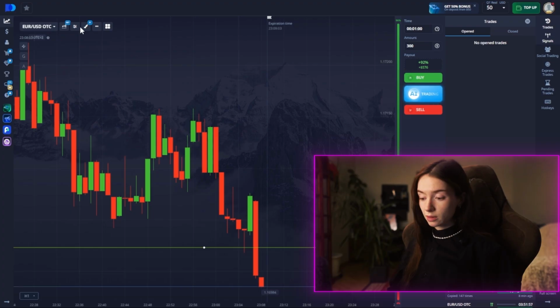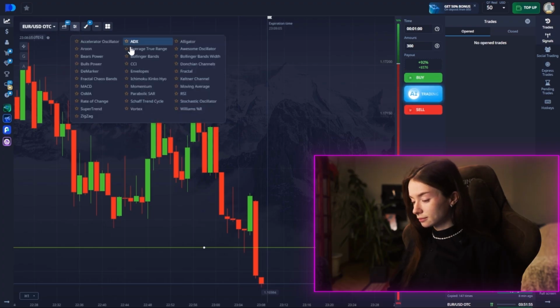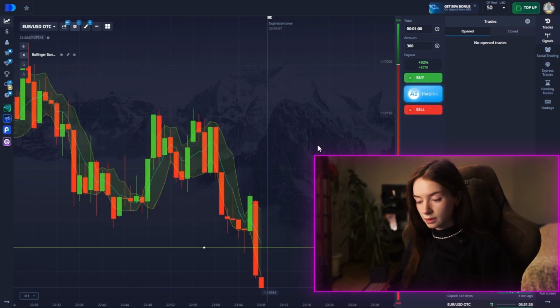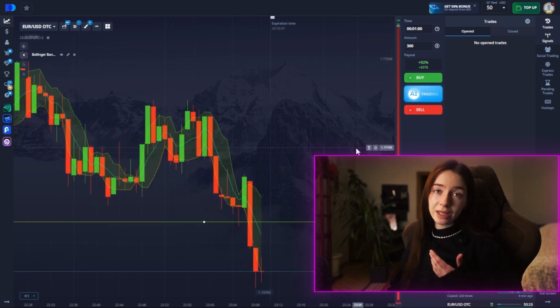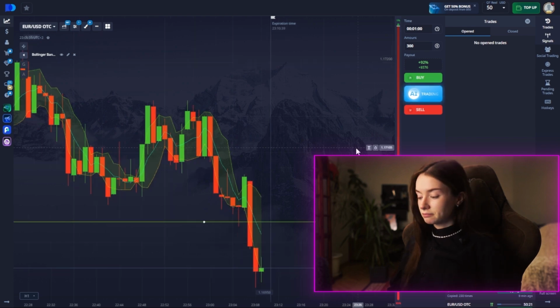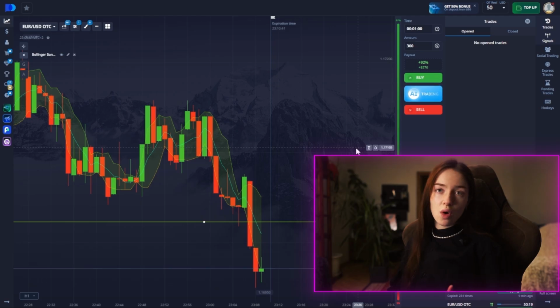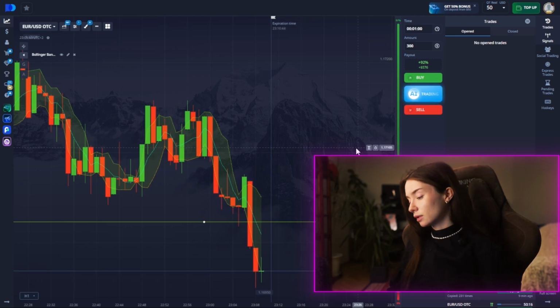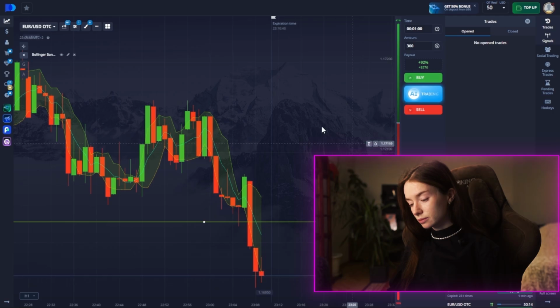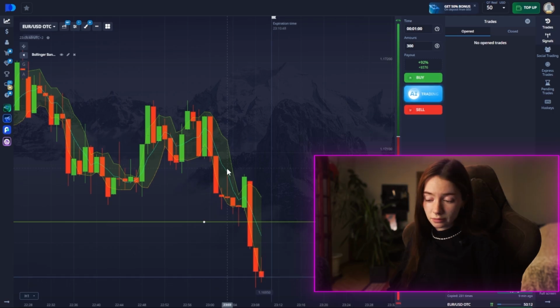So, opening our indicator. Here it is. I'll explain it simply. It consists of three lines: the upper band, the middle line, and the lower band. The idea is very simple.